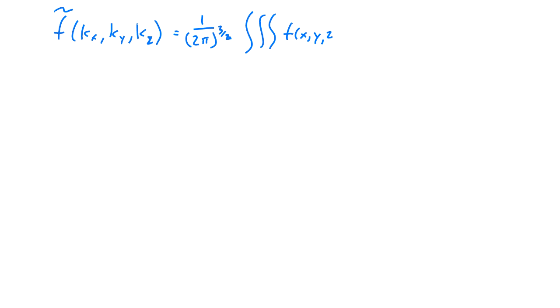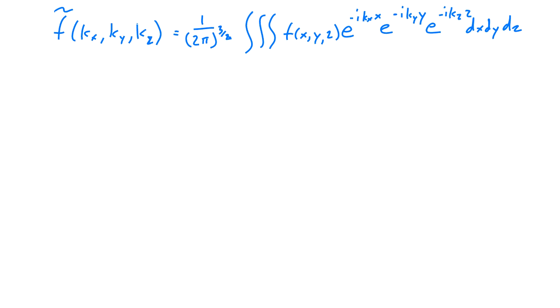And then you have different exponentials for each one. So e to the minus i kx x, e to the minus i ky y, and e to the minus i kz z, and you're integrating over dx, dy, dz.